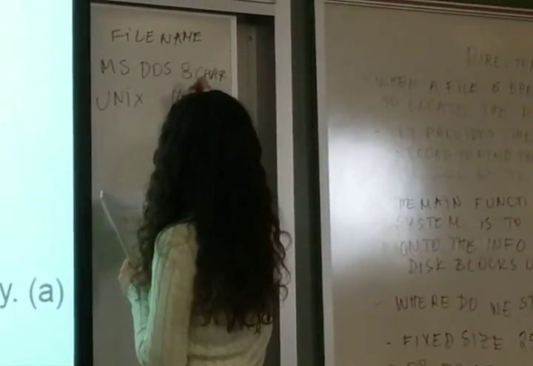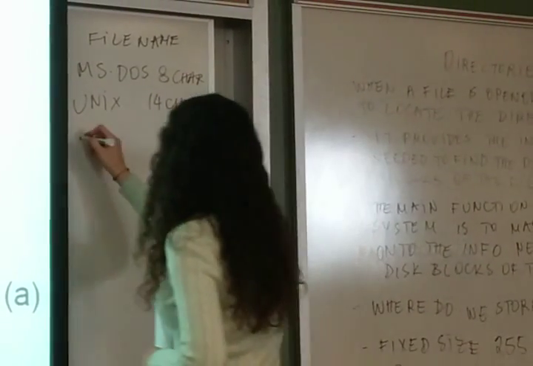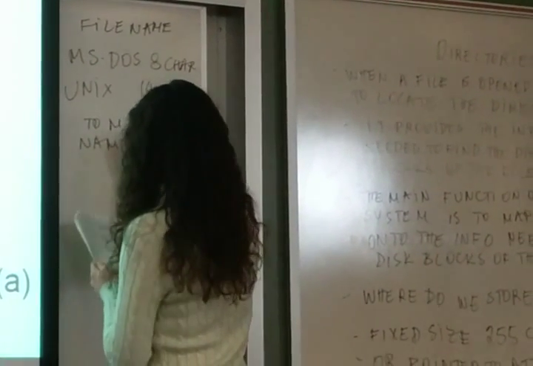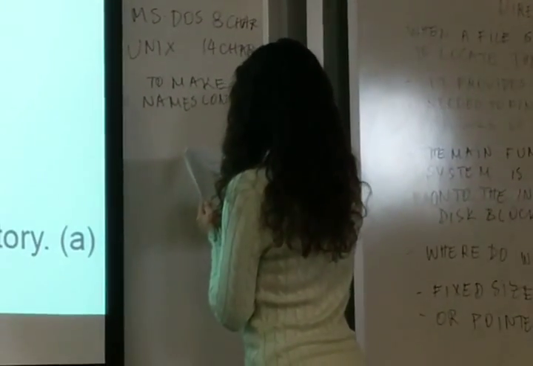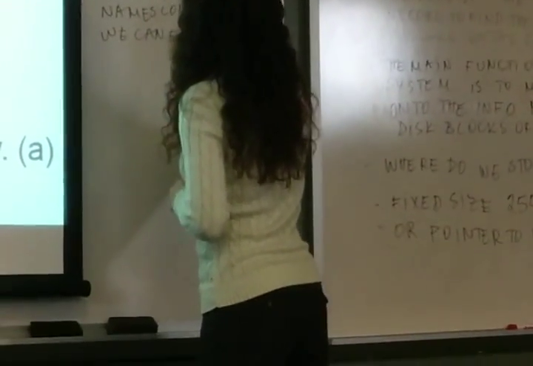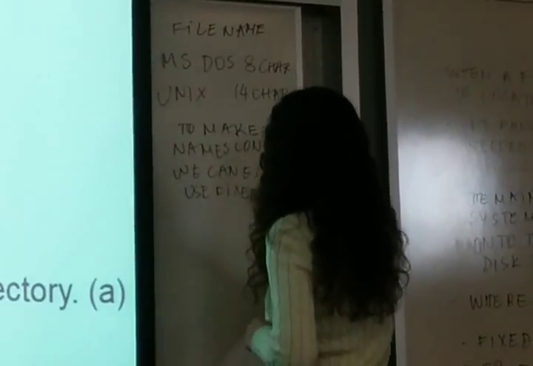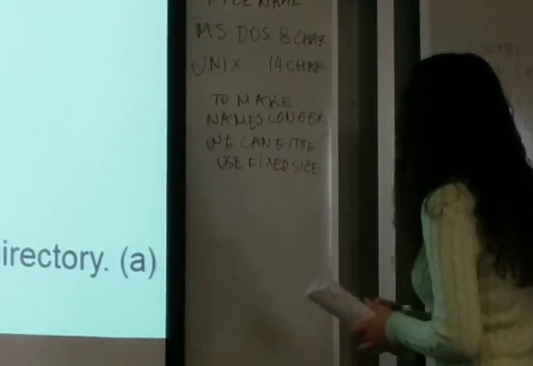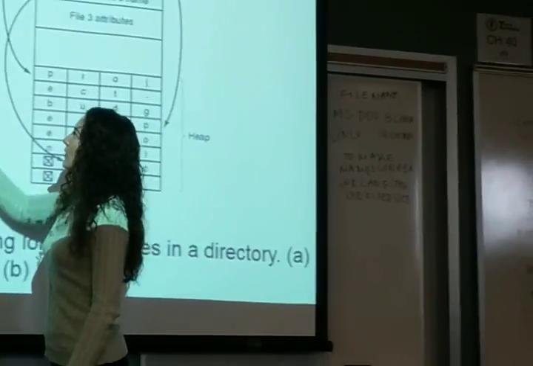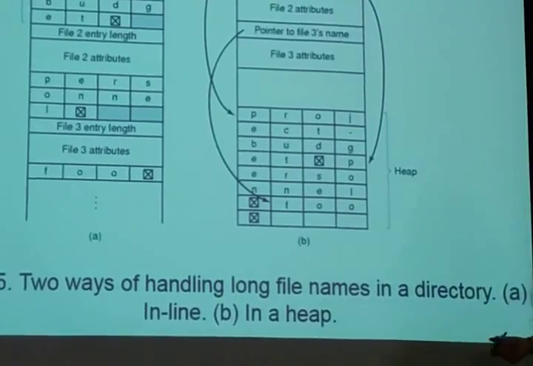Back then, Unix allowed 14 characters. If we want to have longer names, we can either use a fixed size, which means if the file name is shorter than the allowed size, we're going to be wasting space. So we'll have some empty space and waste memory.